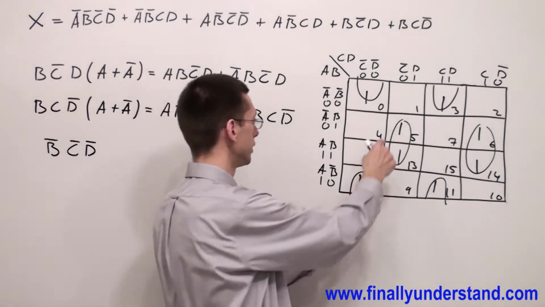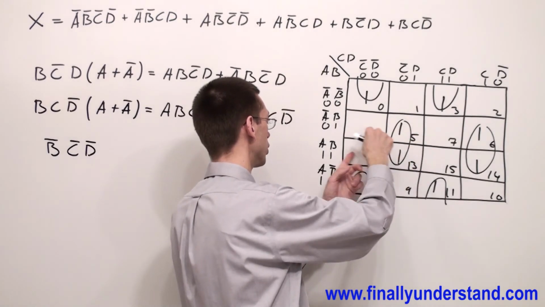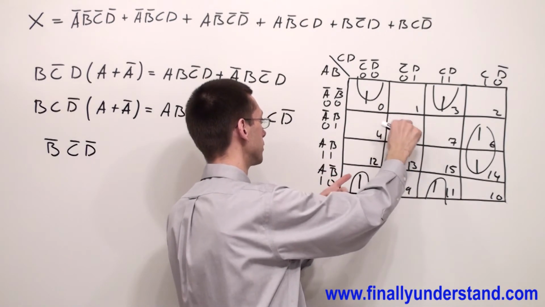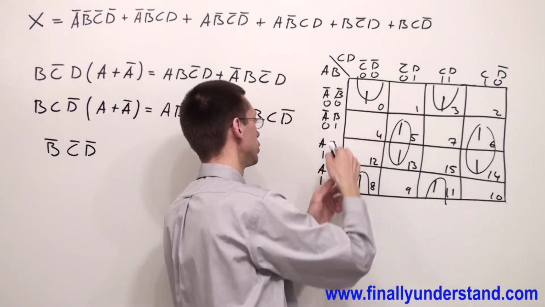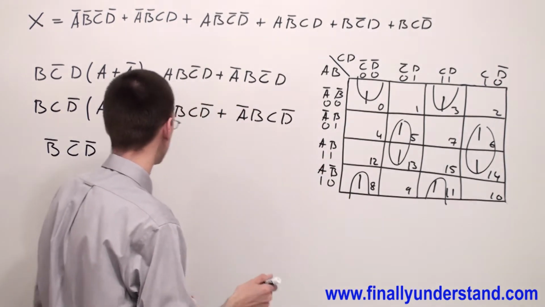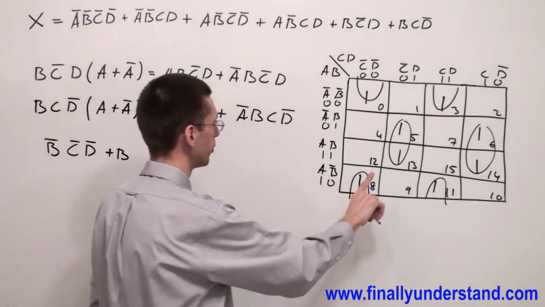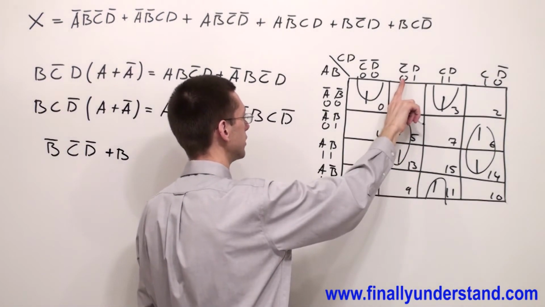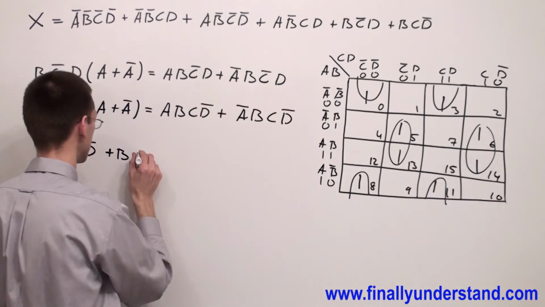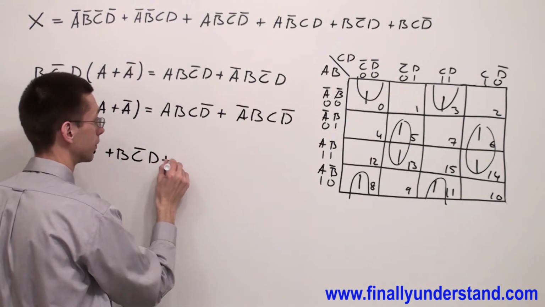Next, this group is placed in 2 rows and 1 column. The common variable for these 2 rows is b. And we have to copy down everything, whatever is at the top. I have c naught, d.